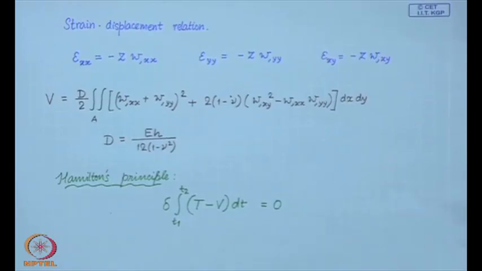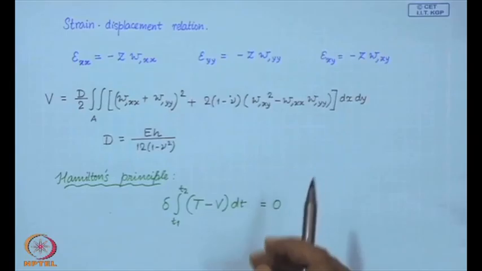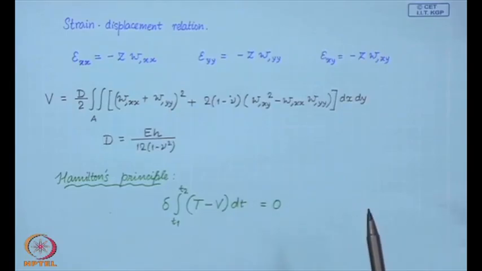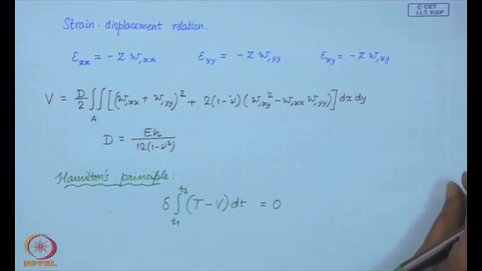One can derive the equation of motion, and the boundary conditions are also obtained along with it. That is the advantage of using the variational formulation.